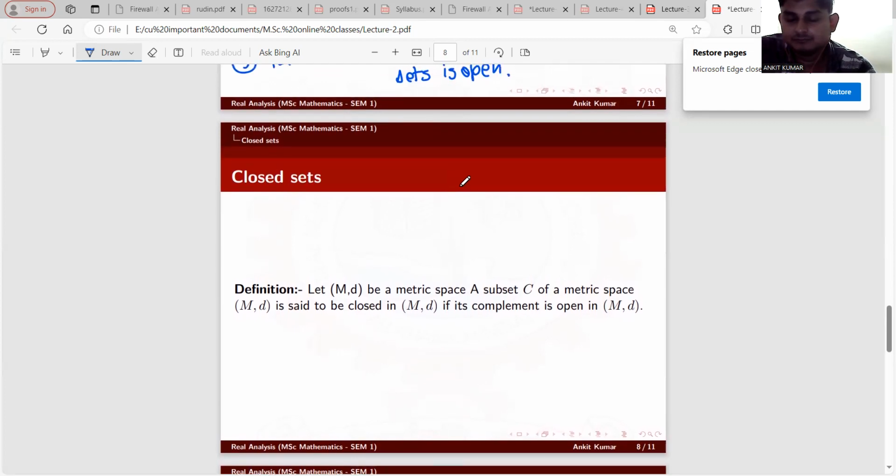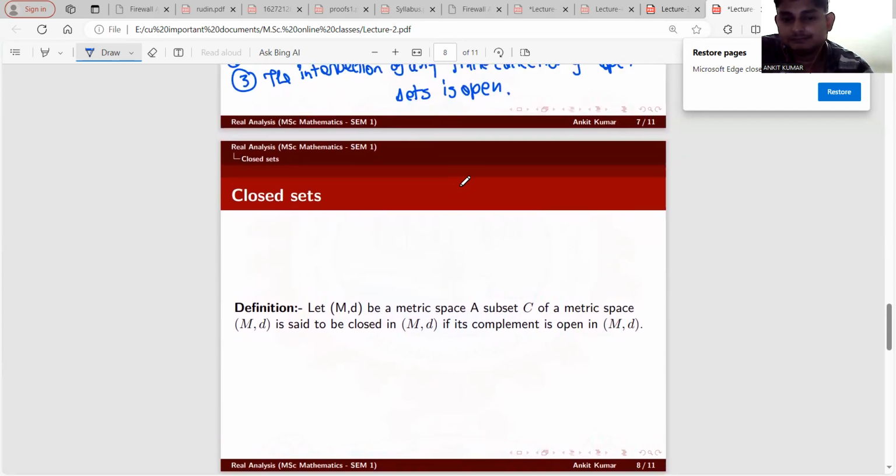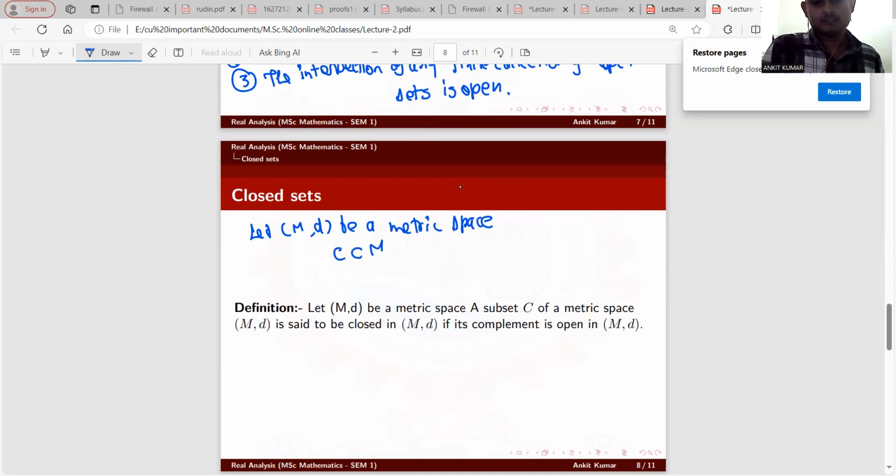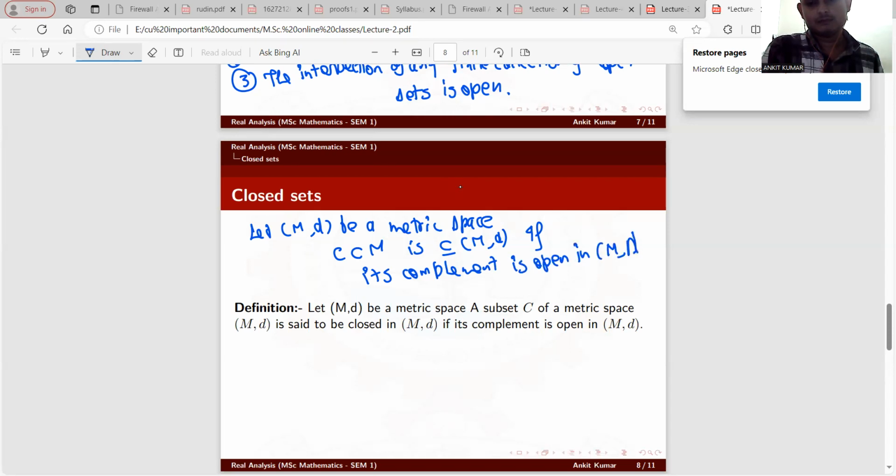Closed sets. So what are closed sets? Suppose let (M, T) be a metric space. A subset C of M is said to be closed in (M, d) if its complement is open in (M, d).